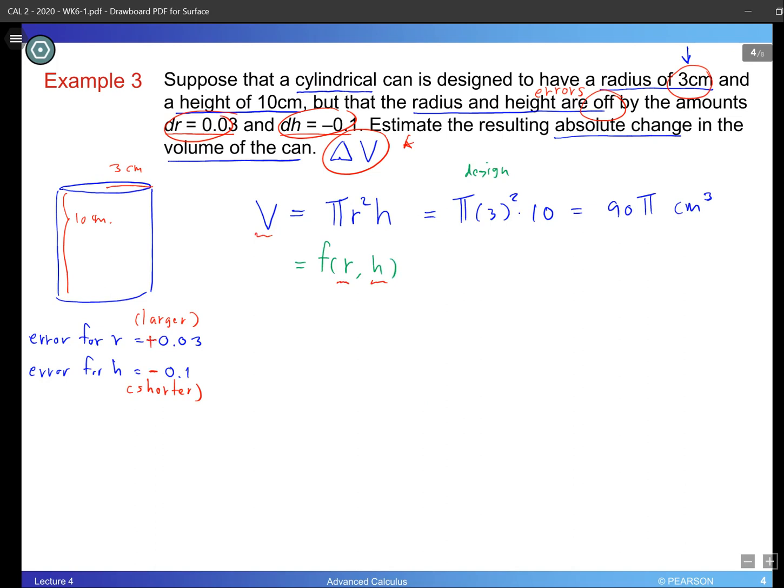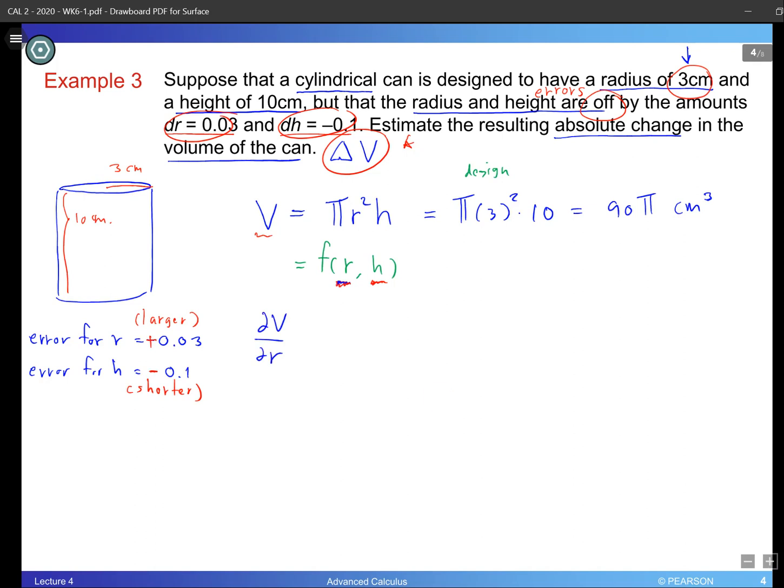In the end, we are supposed to find this delta V, how V changes. Why don't we try to find the change of V according to each of these inputs separately. First, try to find the change of V with respect to r, and then with respect to h later. Okay, why don't we start with the change of V with respect to r.